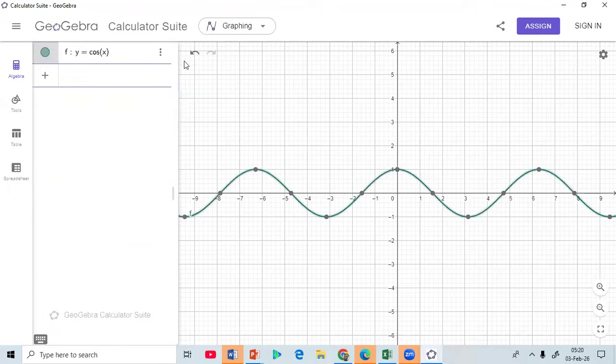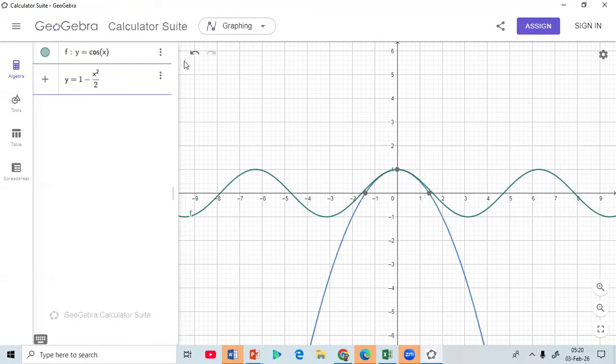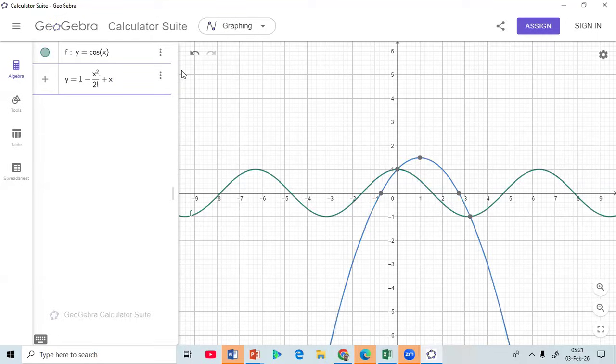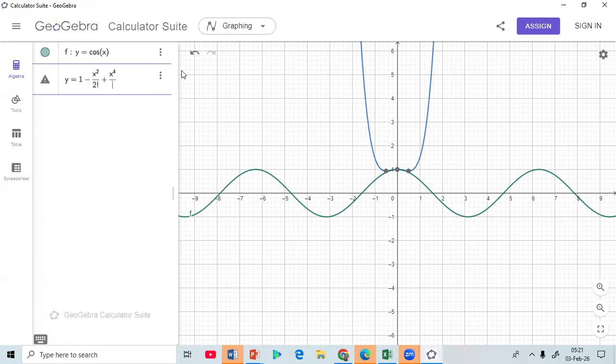Now, if I am to draw the series we have obtained, y equals 1 minus x squared over 2 factorial, plus x power 4 over 4 factorial.